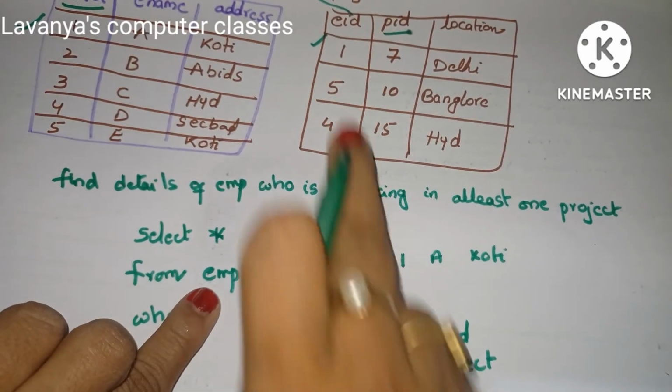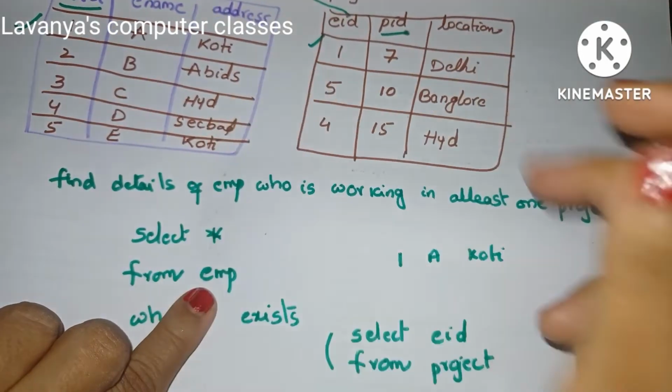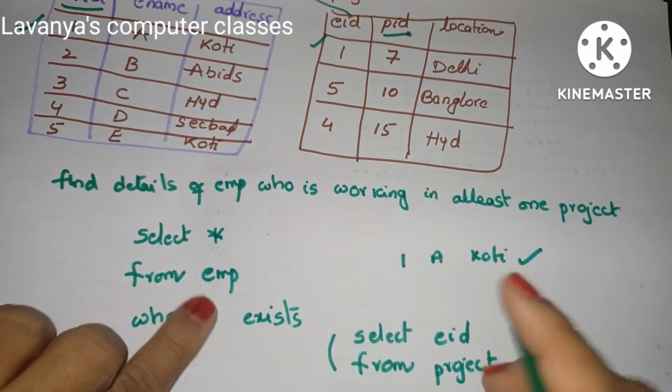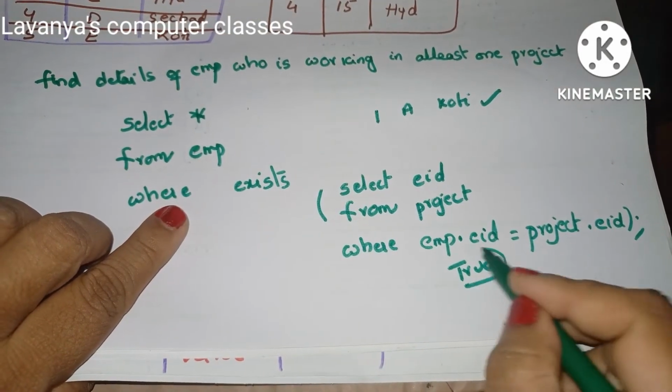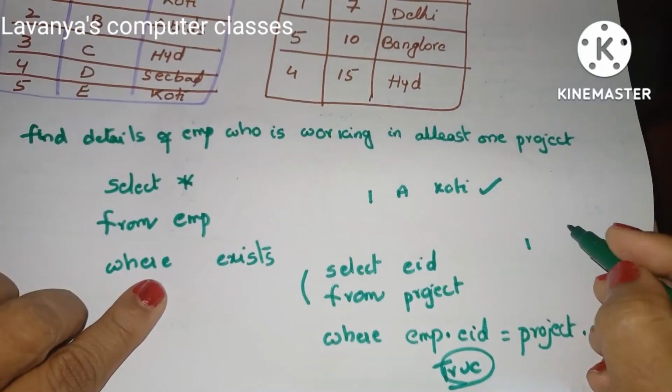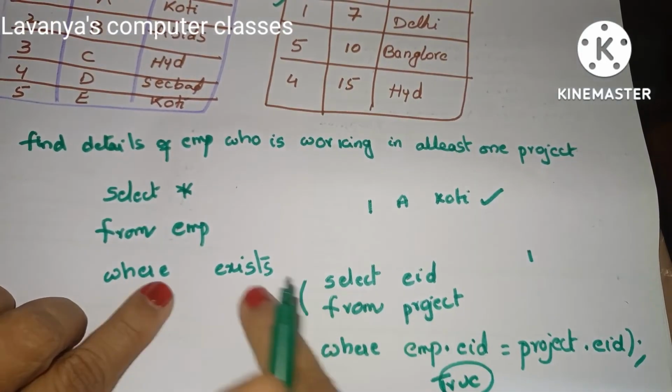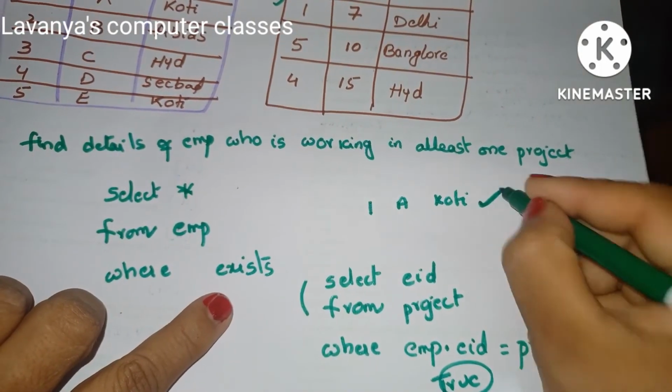Employee EID is 1 and project employee ID is also 1. So both are matched, and it gives the answer true. So this result comes.